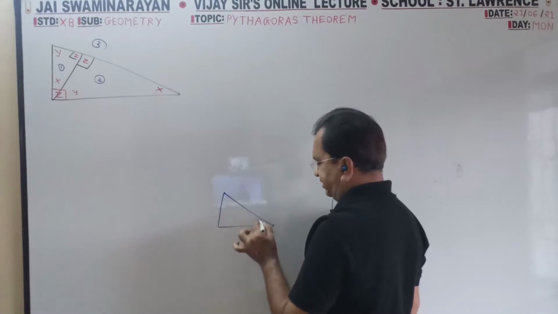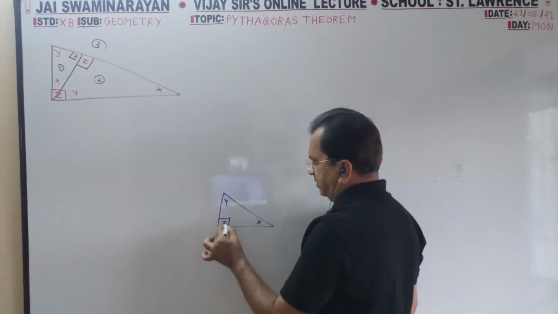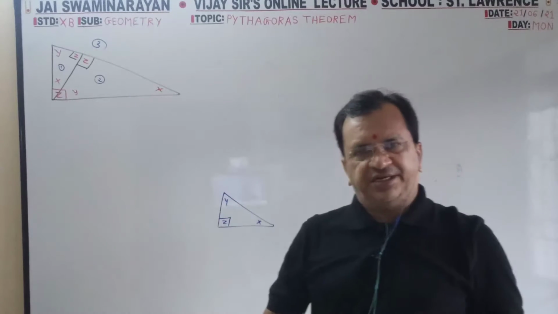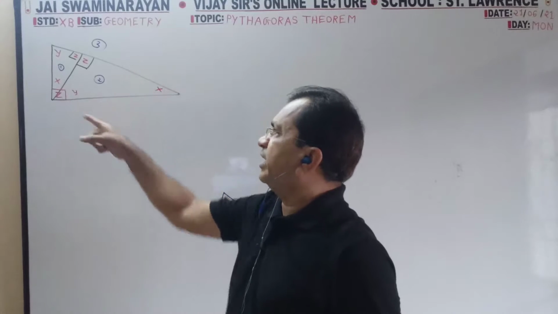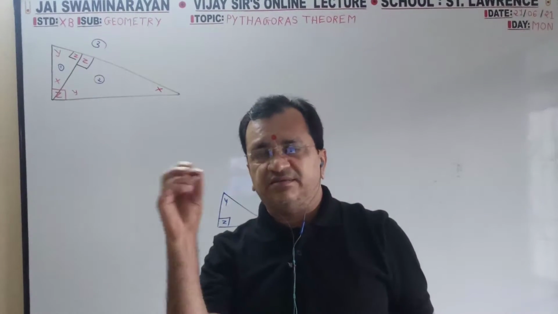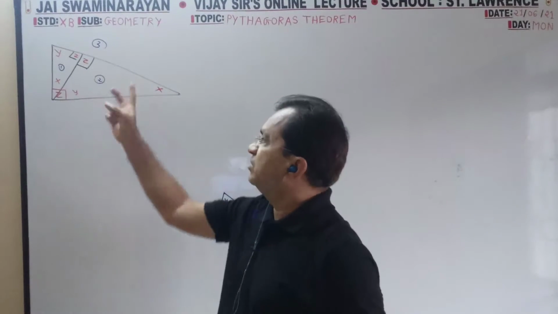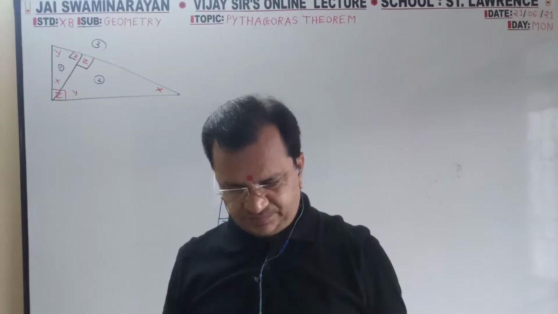This is the smallest side, smallest angle. X, Y, Z always 90. So XYZ in 1, XYZ in 2, XYZ in 3. You must have seen X and Y are common. Only Z will change.